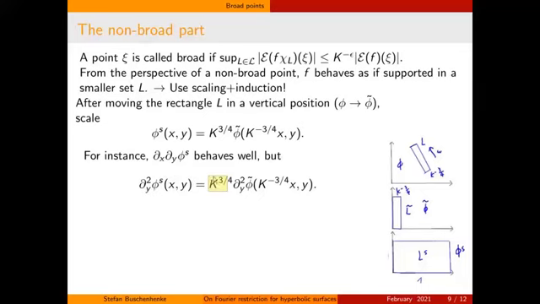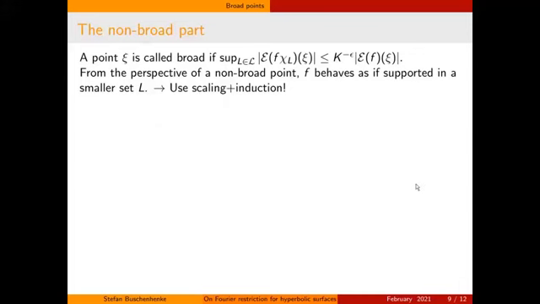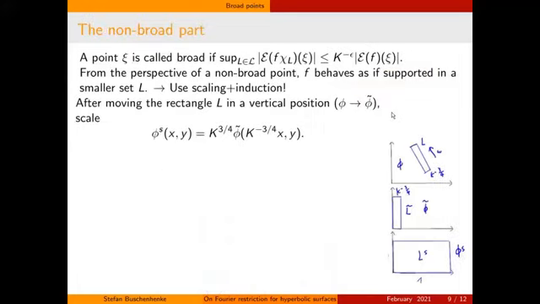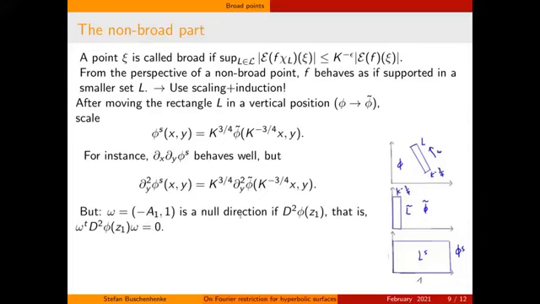So we have to remember there's another property of this rectangle, not just the direction and the thickness. Let's go back a slide. We have this property that the value of A is essentially A1. What one can see easily is that this vector omega is a null direction of the second derivative of phi evaluated at Z1.